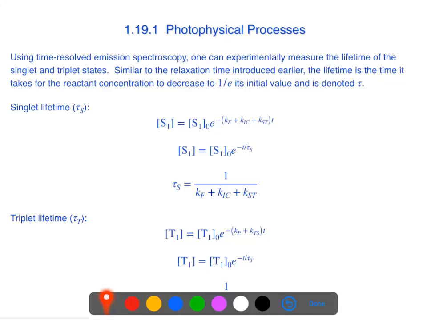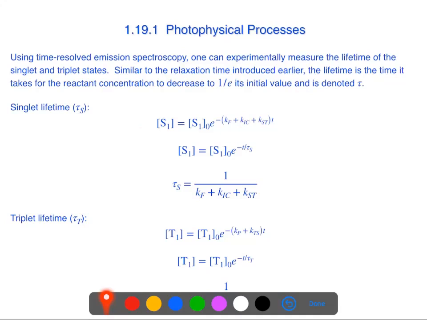Recall that for most photochemical reactions, the decay of the reactant concentration is consistent with first-order kinetic behavior. In this way, we can write the concentration of the S1 state in a first-order exponential form, where the rate constant is now equal to the sum of the rate constants for each of those deactivation pathways.